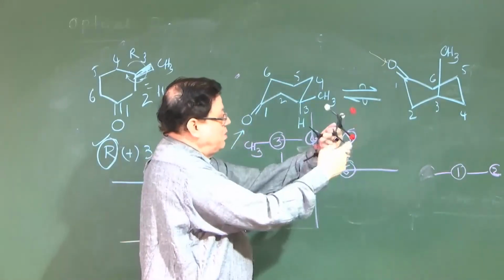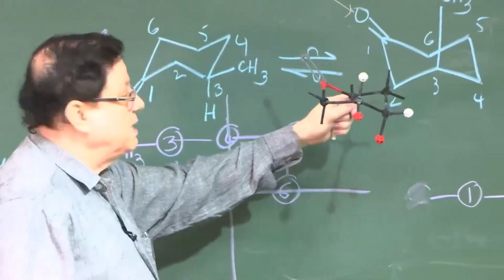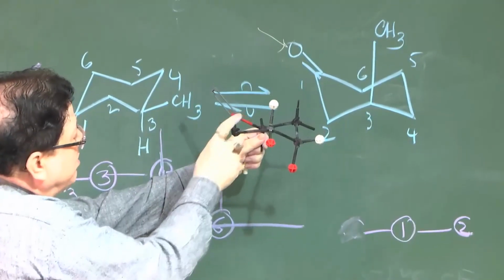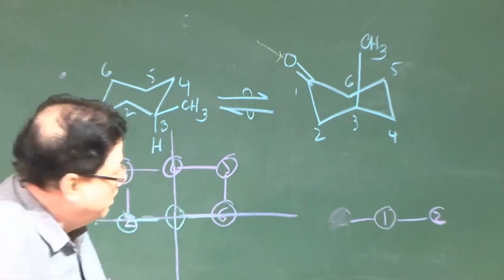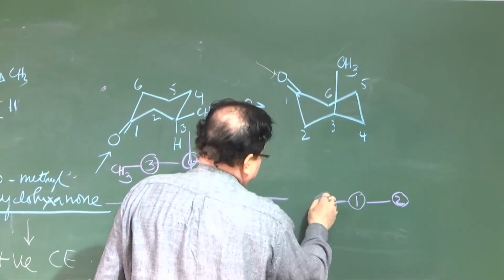Let us again draw it. So, it is basically shown like this. I am looking from this direction. So, this carbon comes to the right and the other carbon here comes to the left. Okay. So, you complete that. 2 will be here and this will be your 6.